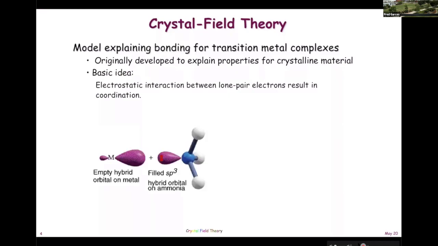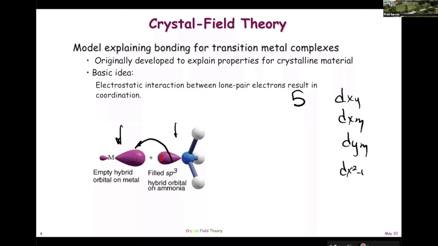So here is an example of the metal and the ligand, and the ligands are contributing their electrons to the d orbitals. There are 5 d orbitals. There's the dxy, dxz, dyz, dx squared minus y squared, and dz squared.